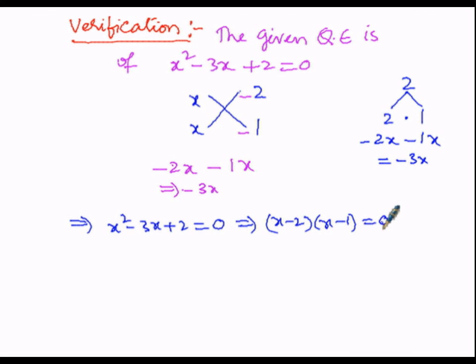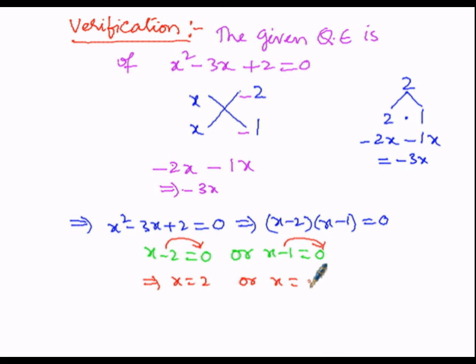Either x minus 2 must be equated to 0 or x minus 1 must be equated to 0. Then x equals, when minus 2 is transposed over to the right hand side it will become plus 2, or x equals, when minus 1 is transposed over to the right hand side it will become plus 1. In this manner we got the solution set as (2, 1), or in other words 1, 2.